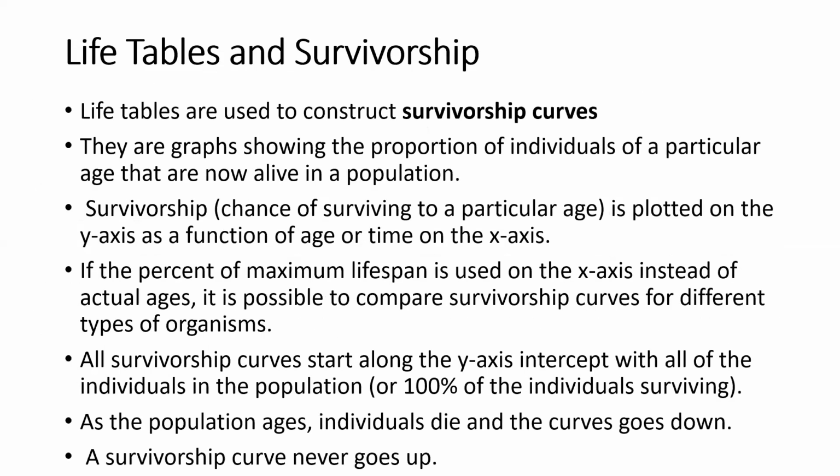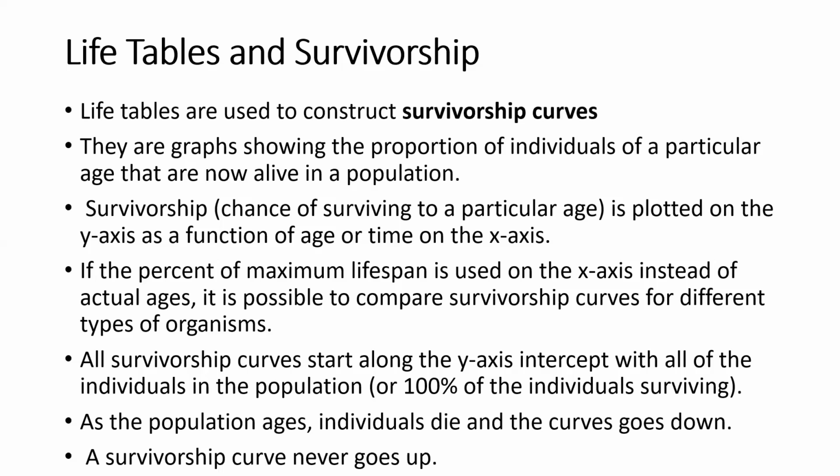Life tables are used to construct survivorship curves. They are graphs showing the proportion of individuals of a particular age that are still alive in a population. Survivorship, that is the chance of surviving to a particular age, is plotted on the y-axis as a function of age or time on the x-axis.